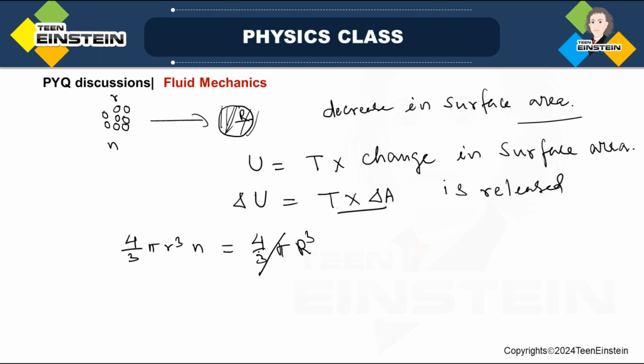So this is given, right? So 4 by 3 pi cancels, and n will be capital R cube by small r cube. This I can get. Okay.